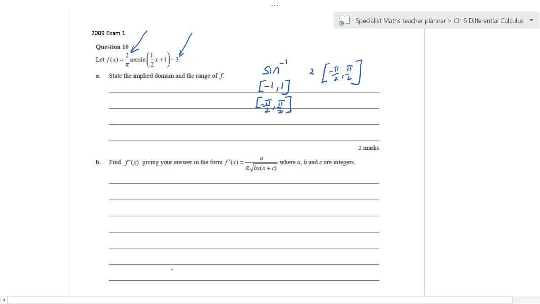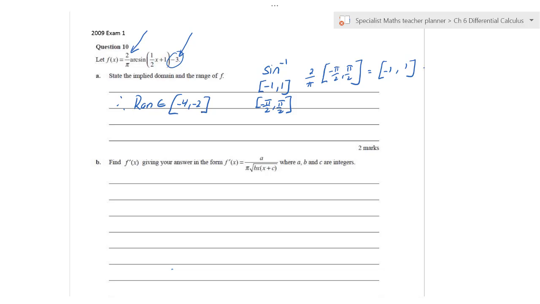We multiply that by 2 on pi, which gives you -1 to 1. Then you subtract 3 from everything, so the range is an element of -4 to -2.